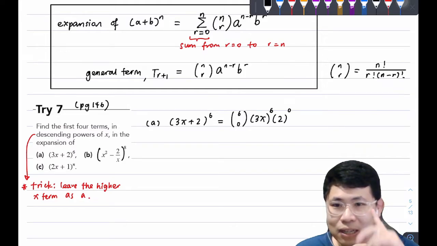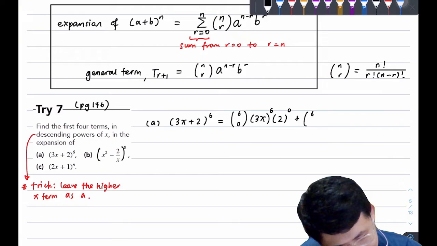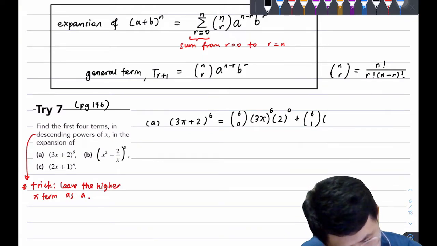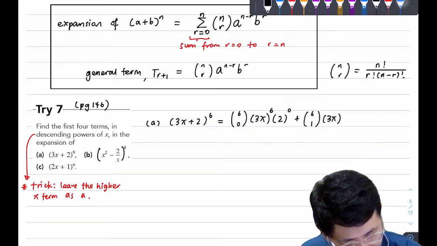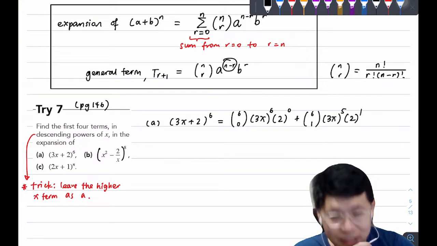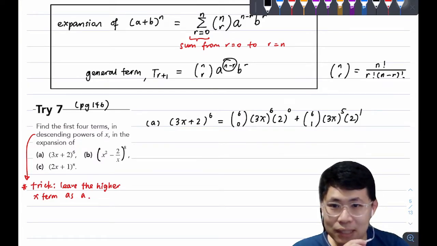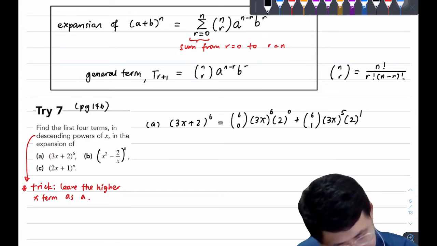Okay, so a will start with the highest power. Plus 6 choose 1 of 3x to the power of, after 6 it is 5, and then this would be 2 to the power of 1. So you see the n minus r at work: 6 minus 1 is 5, and this is just 1. Let's look for the third term.